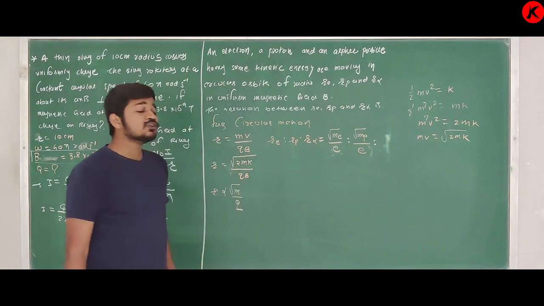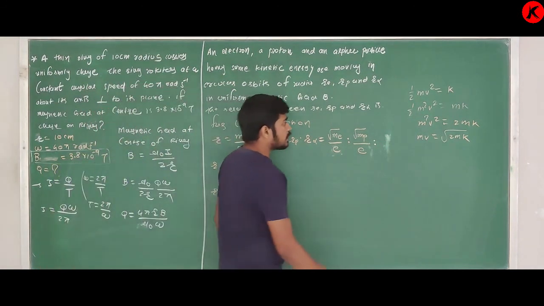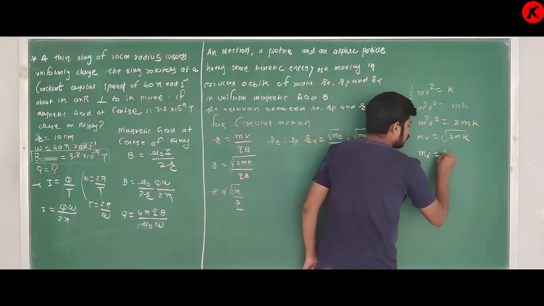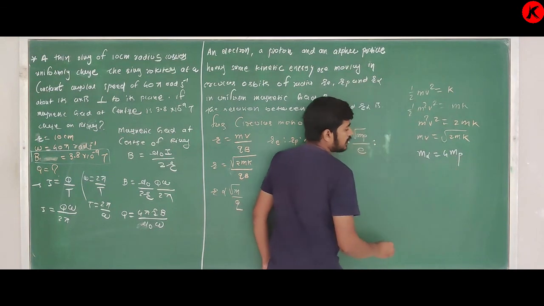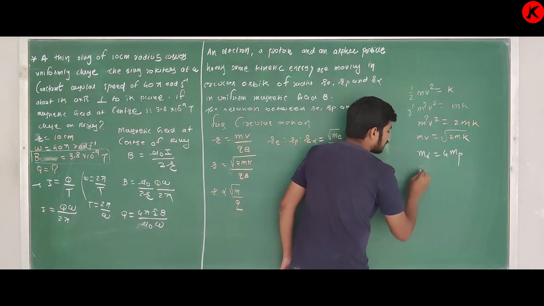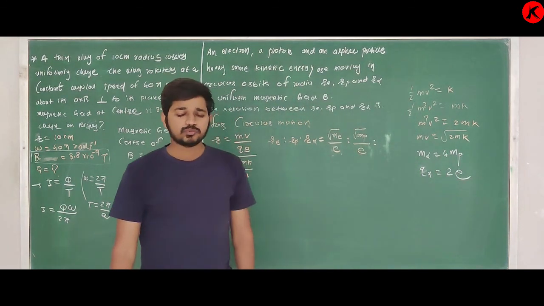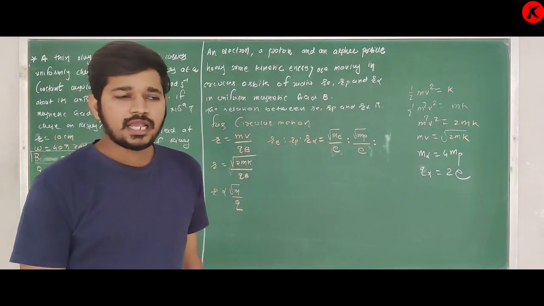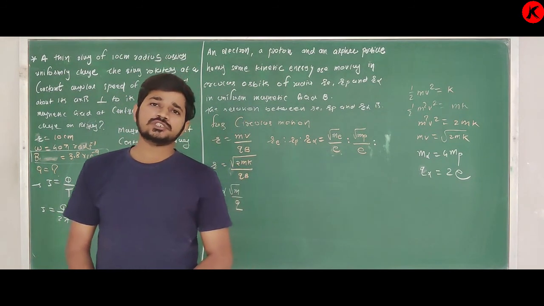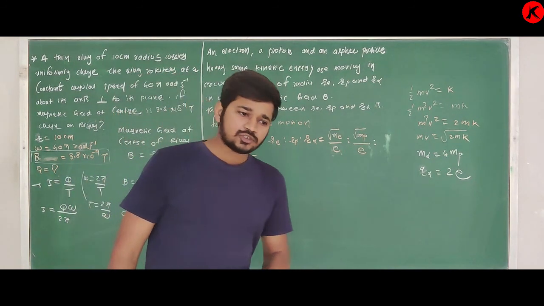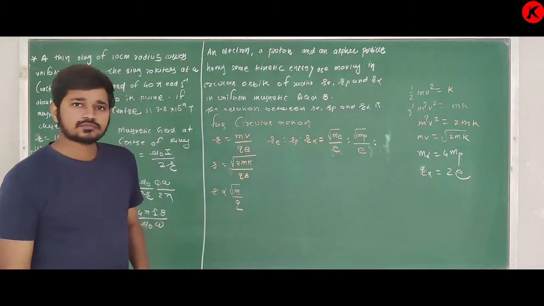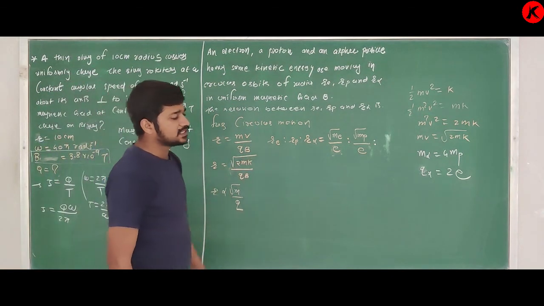The mass of the alpha particle is 4 times the mass of a proton, and its charge is 2e. An alpha particle is basically the nucleus of helium, with 2 protons and 2 neutrons, so 4 times the mass and charge 2.